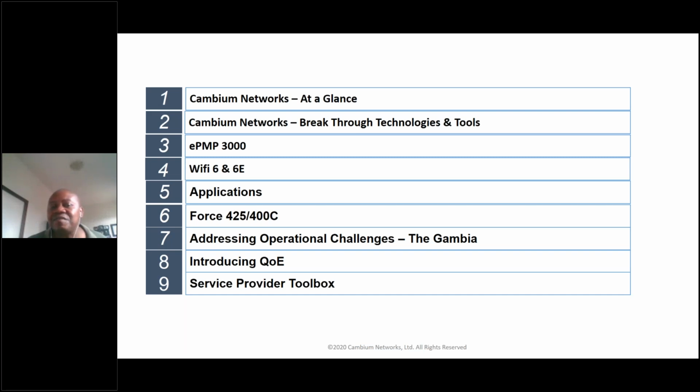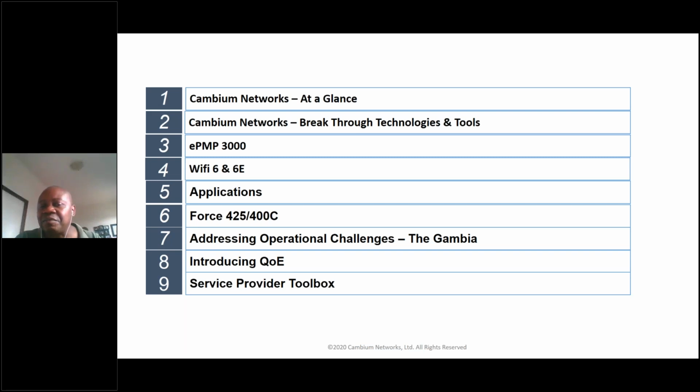And then I'll give you some insight into Wi-Fi 6, that's 802.11ax, and Wi-Fi 6E, which is Wi-Fi in the 6 gigahertz band. So late last year, the FCC, which is the regulator in the States, released 400 megahertz of frequency to be used for wireless. That's what 6E is.